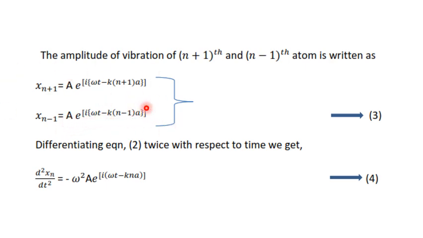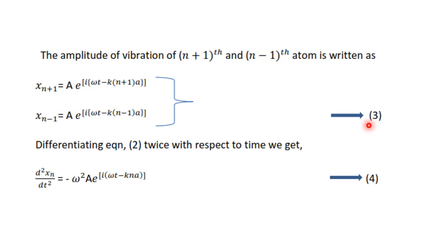I think it is very easy for you. The basic equation is xn equal to a e power i omega t minus kna. For the nth atom it is kna, for the n minus 1th atom it is k n minus 1, for the n plus 1th atom it is k n plus 1 into a. Okay, so it is equation 3.